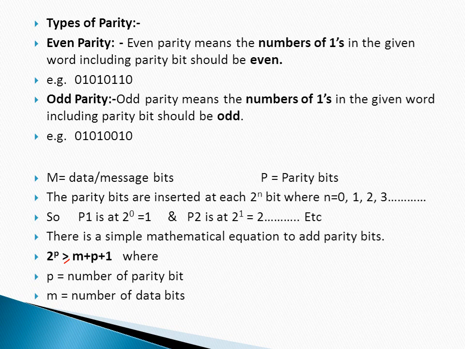Now we have to generate the Hamming code. When generating the Hamming code, we require the message bits or data bits, denoted by M, and the parity bits, denoted by P. The parity bits are inserted at each 2 raised to n position, where n is equal to 0, 1, 2, 3 and so on.